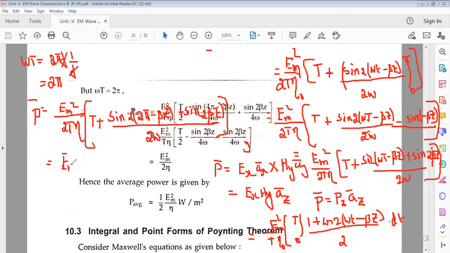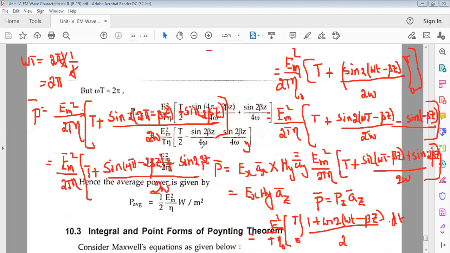Em square by 2 T eta, capital T plus, now write this as sine 4 pi minus 2 beta z plus sine 2 beta z, whole divided by 2 omega.